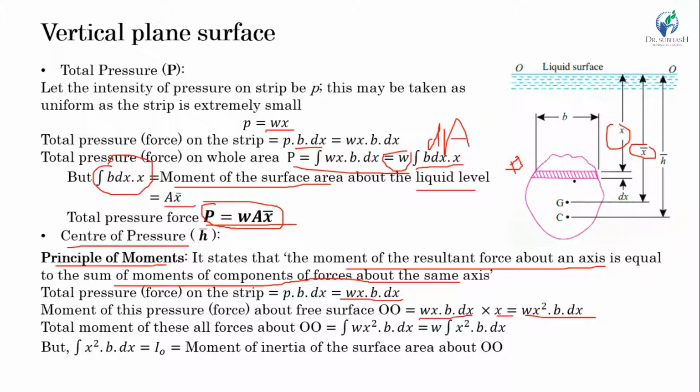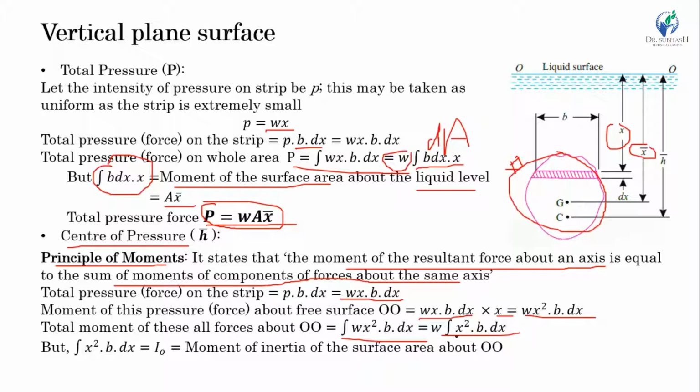This is the moment of the force acting on one small strip, but we are interested in the moment of all such forces acting on the strips. So taking the integration, and taking the constant out of the integral sign, we get omega times the integral of x square b dx.